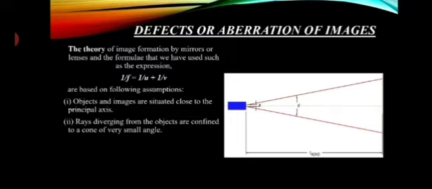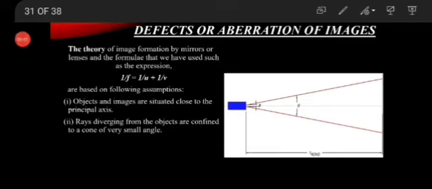Now this is not valid for every case. So the second assumption is that rays diverging from the objects are confined to a cone of very small angle.